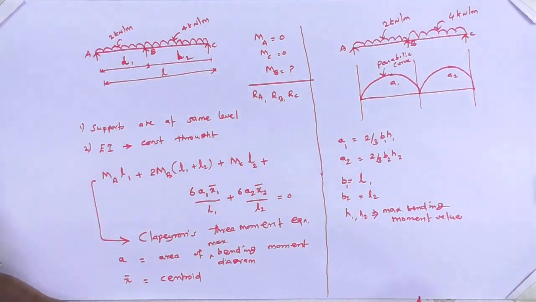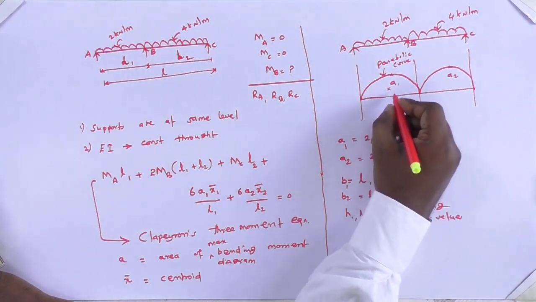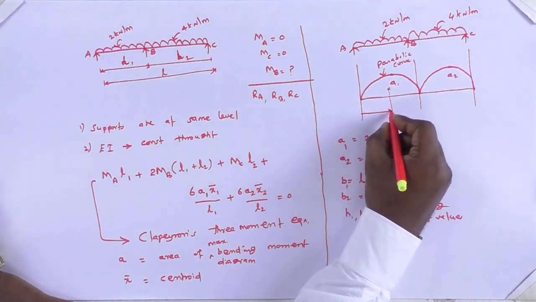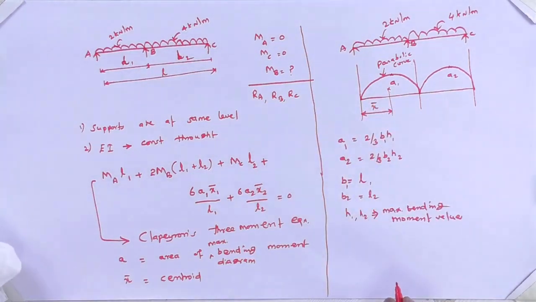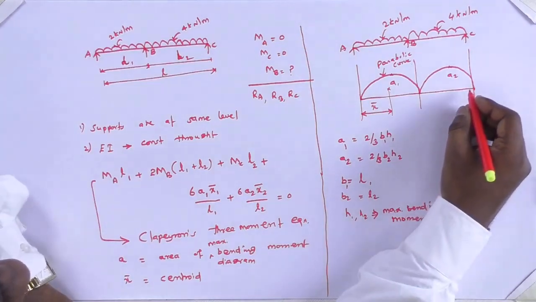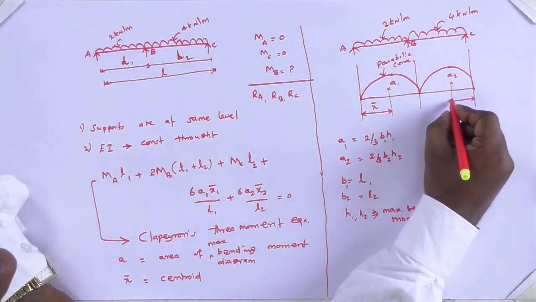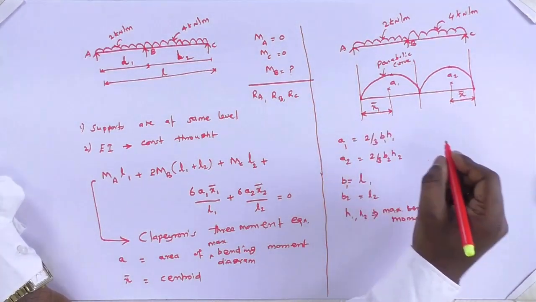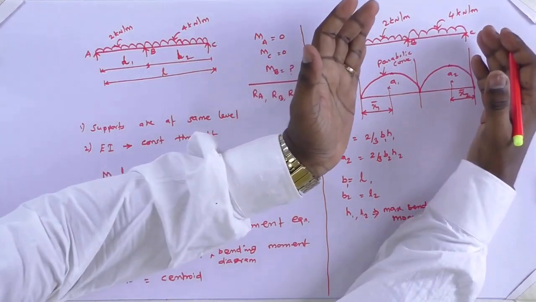And the centroid is nothing but, here I am getting the centroid. This is called x bar, and in this section this is x bar. So for the first region x1 bar, this is x2 bar. These are the two regions.